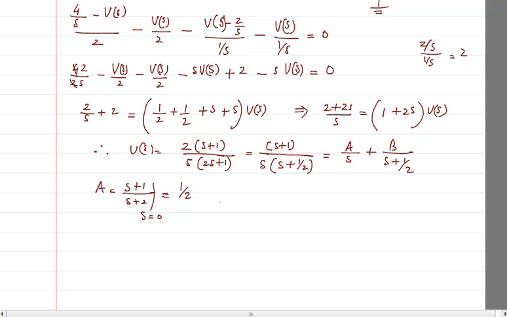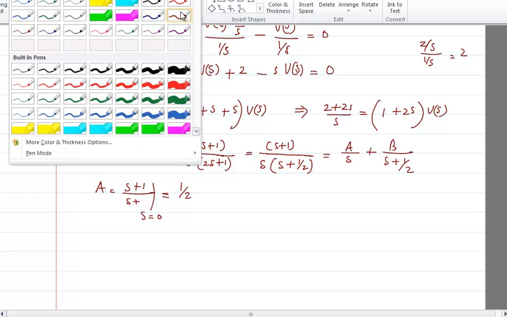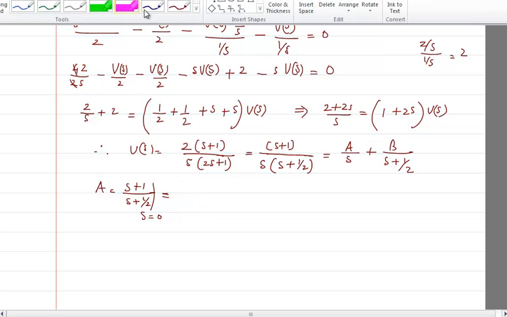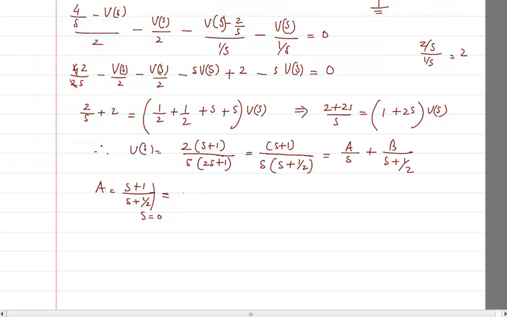Sorry, this is not 2, this is 1 by 2. So I will get 1 divided by 1 by 2, which comes out to be 2. So A is going to be equal to 2.